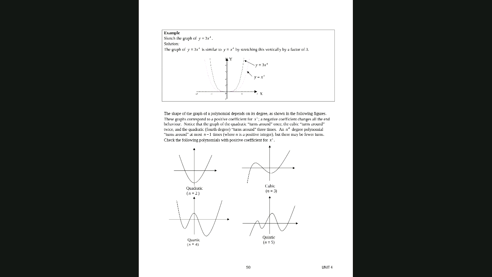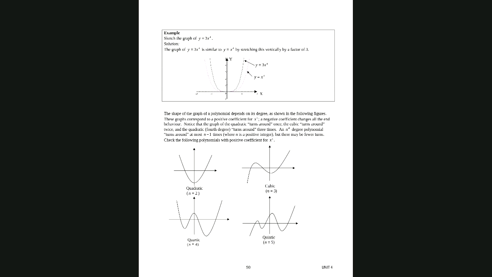Okay, good. You must know the dynamics of how the graphs behave. Here we have different types of graphs. If your highest order is 2, you have only one vertex. If your highest order is 3, you have 2 vertices.